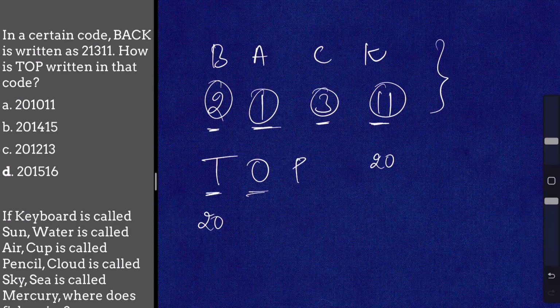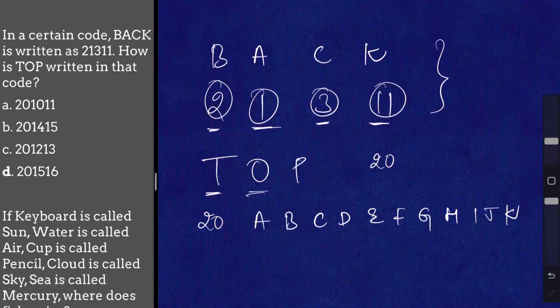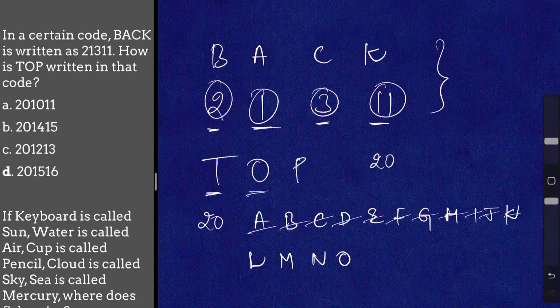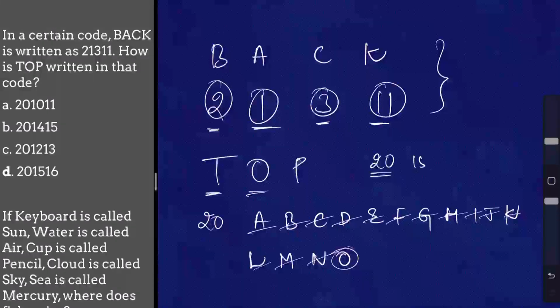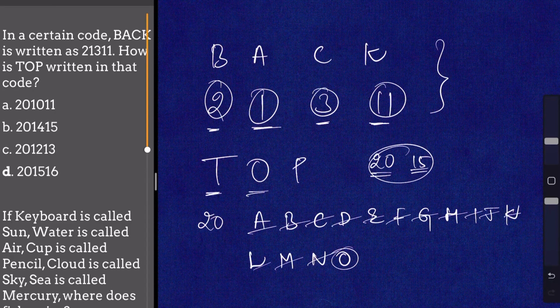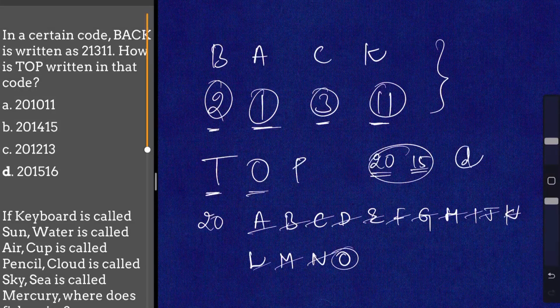If I write down the alphabets, A, B, C, D, E, F, G, H, I, J, K, L, M, N, O, so 1, 2, 3, up to the 15th letter would be letter O. So now 20 corresponds to T, 15 corresponds to O. You don't even have to look at the next option, because 2015 is the answer in only one of the options, that is option D.